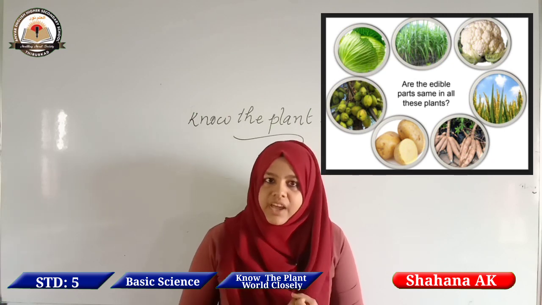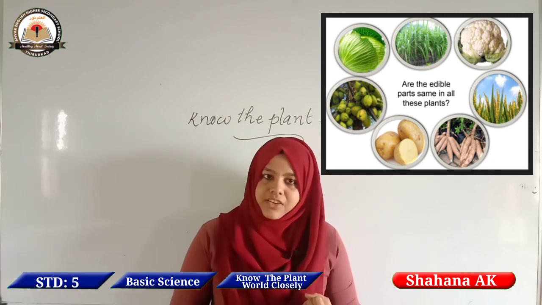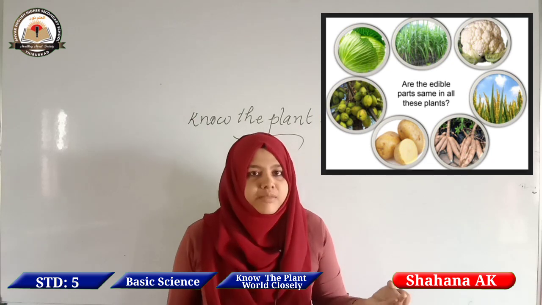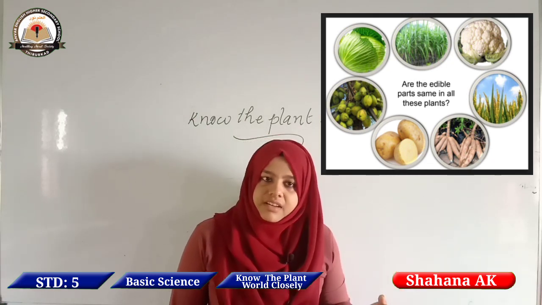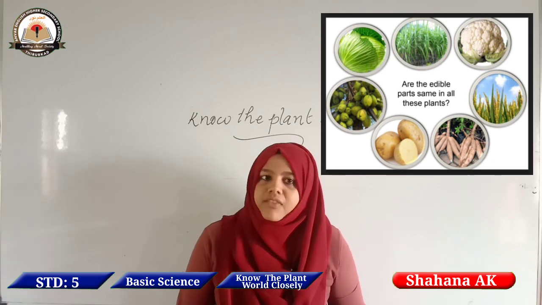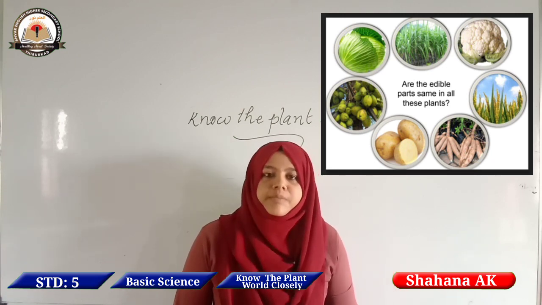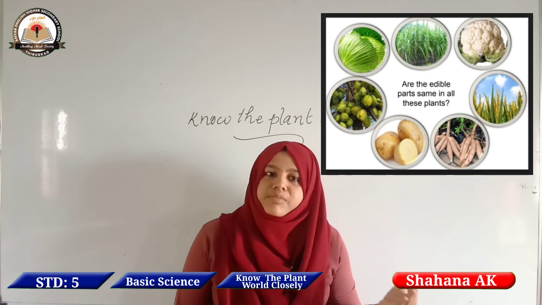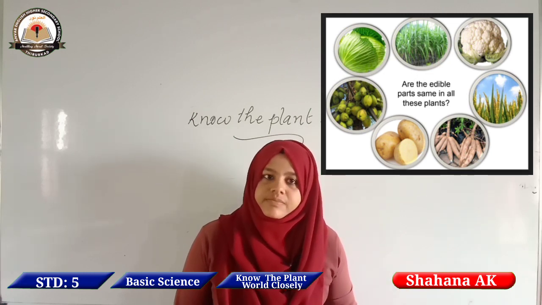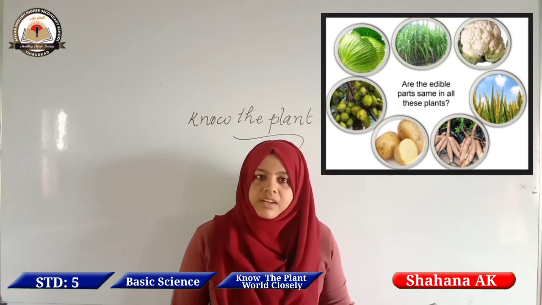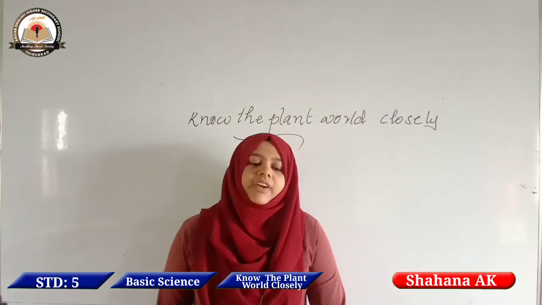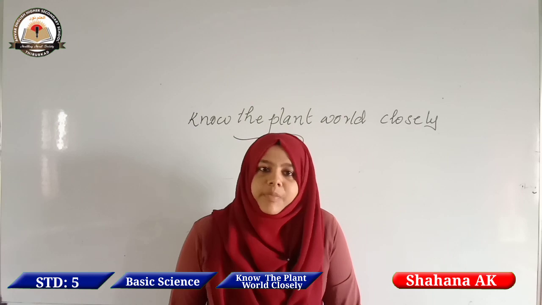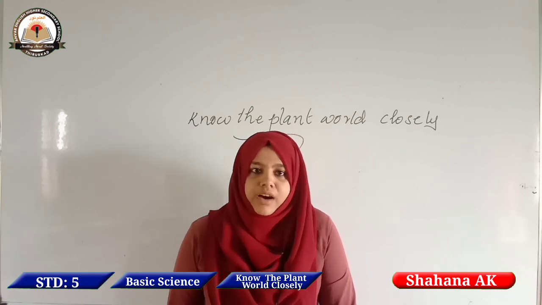From some plants we are having leaves, from some plants we are having the roots, in some plants we are having stem. In some plants we are having the flower, seeds, etc. So here we are having different parts of plants for our food.